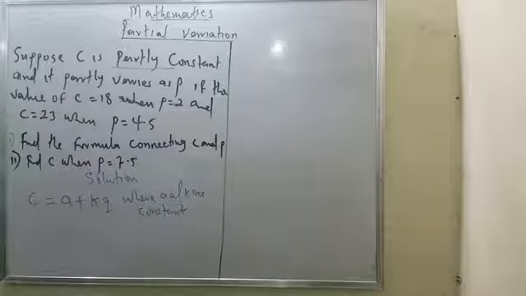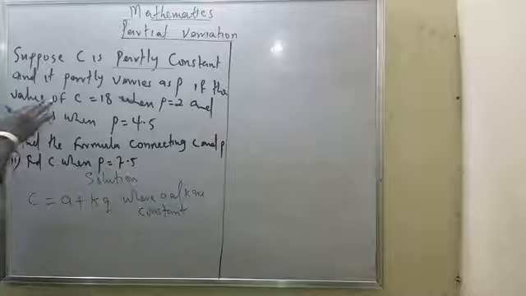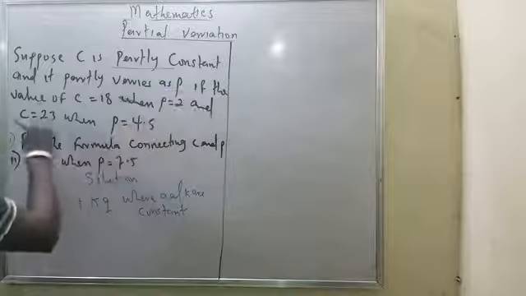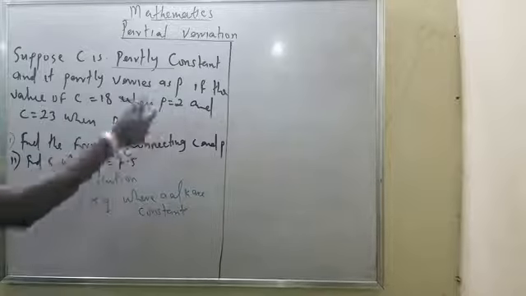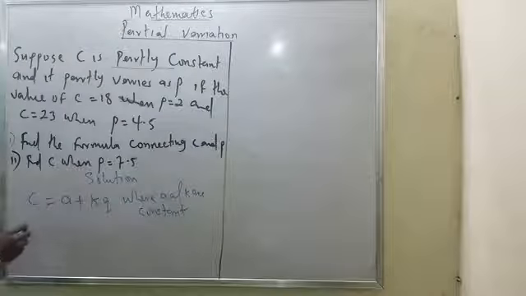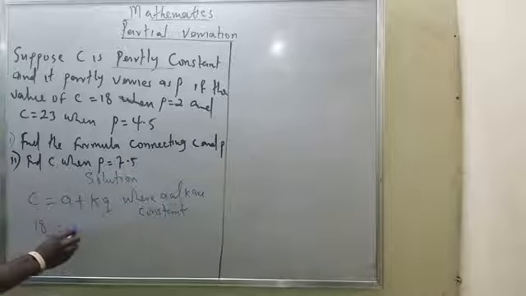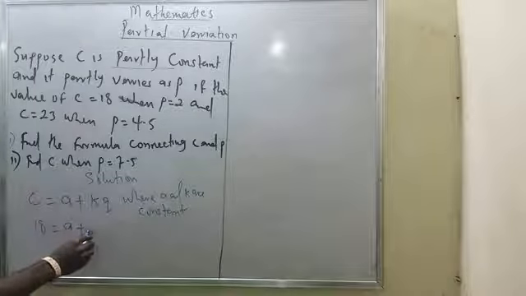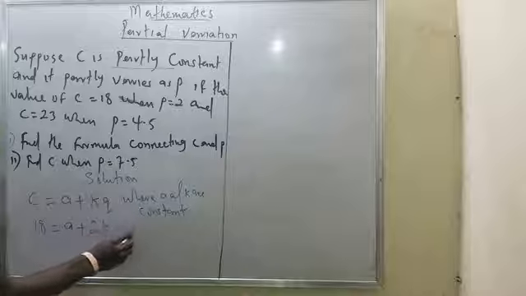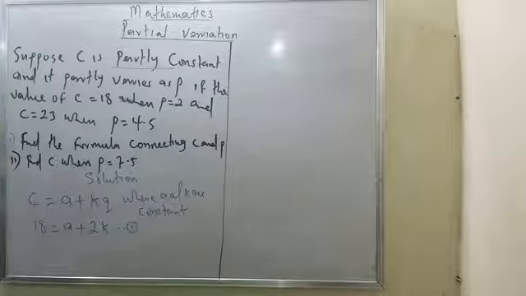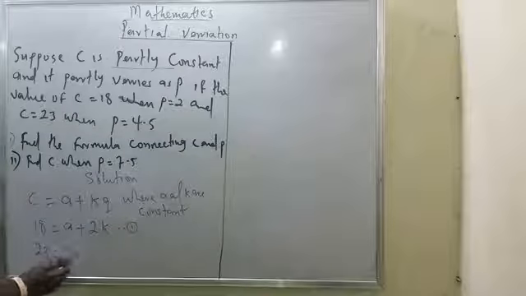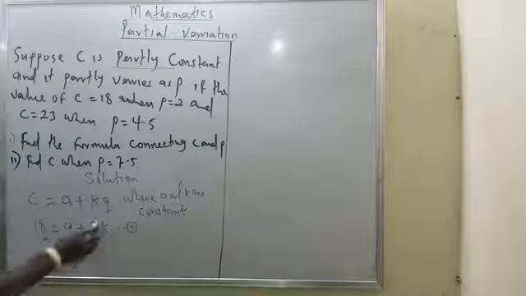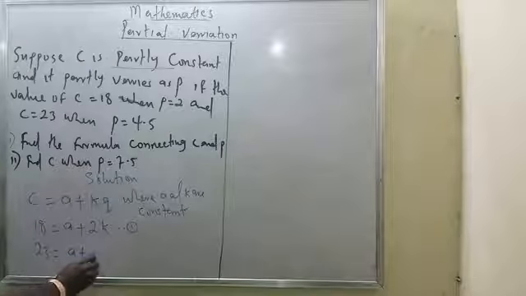Since the first statement says the value of C is 18 when P is 2, I'll have 18 equals A plus 2K, equation 1. And also 23 when P is 4.5, equals A plus 4.5K, equation 2.